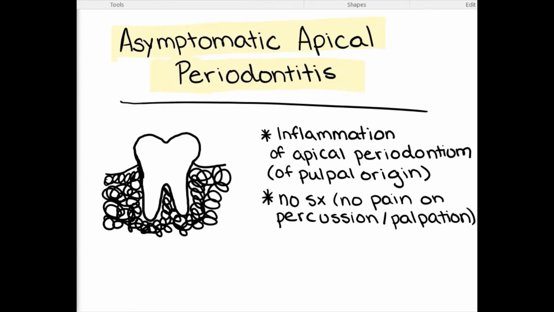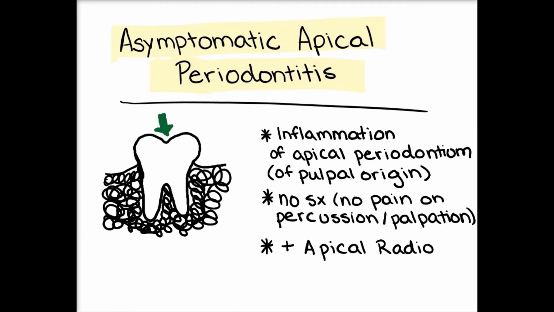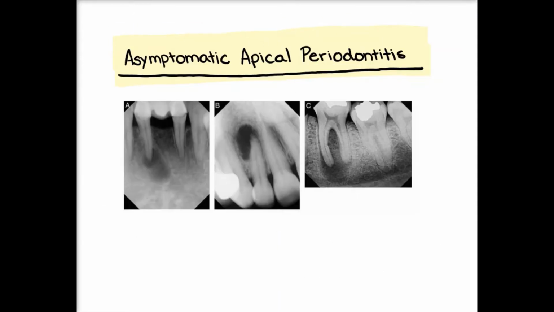However, we do have a periapical radiolucency on the radiograph. And I'll draw that in here. So these are some examples, and they show periapical radiolucencies, which indicate inflammation has spread to the bone.